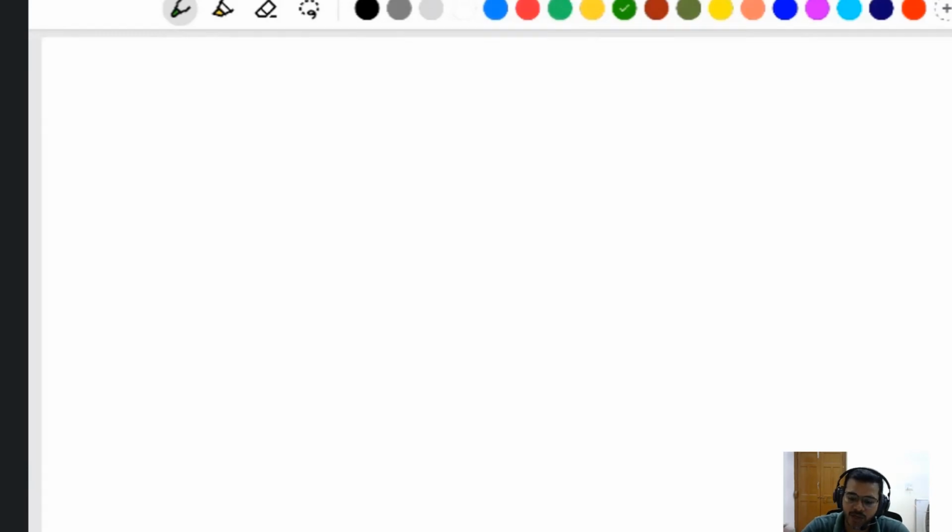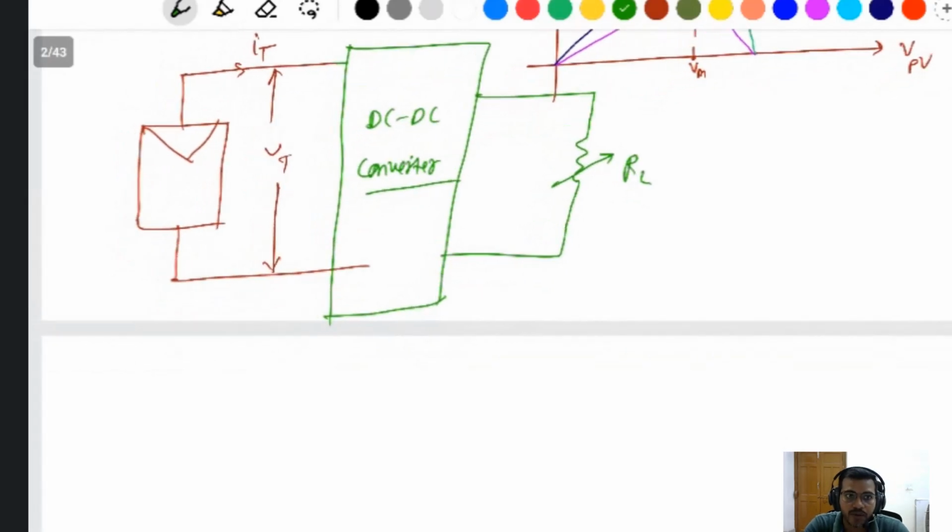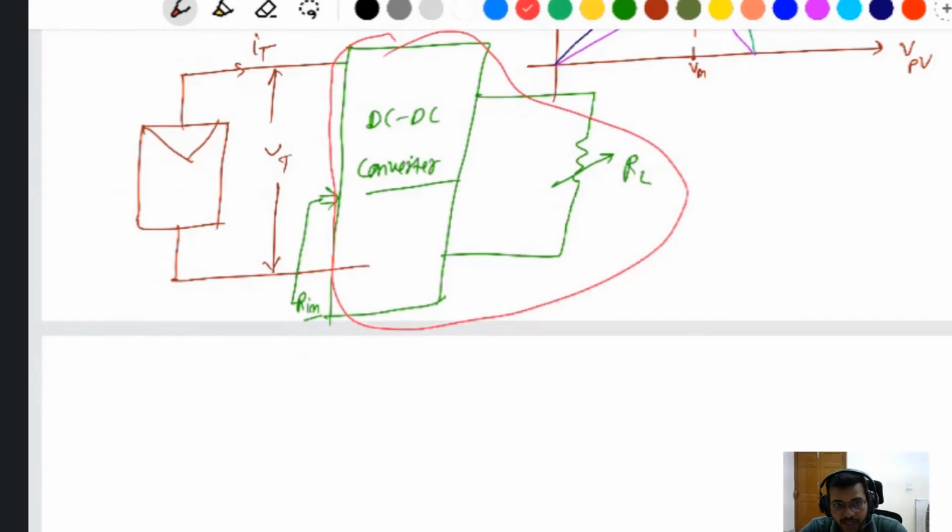The input resistance of the DC converter works like a load for the solar PV.